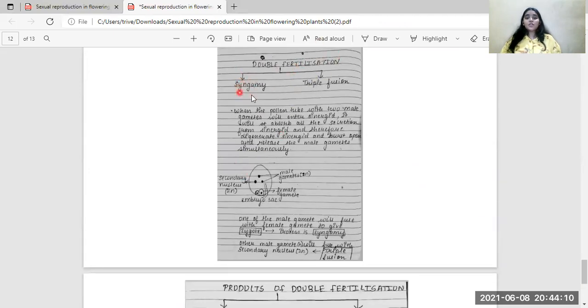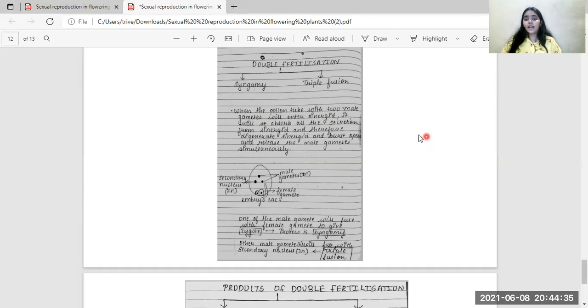Now let us take a look at double fertilization. Double fertilization has two processes, syngamy and triple fusion. When the pollen tube finally reaches the ovule, the embryo sac, it has to pass through the synergid.